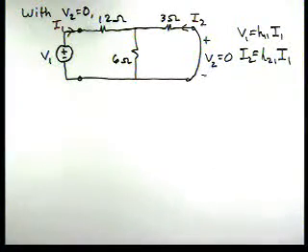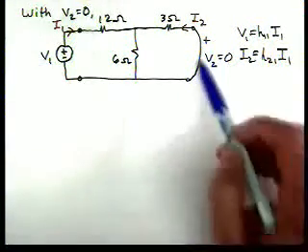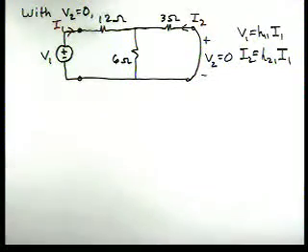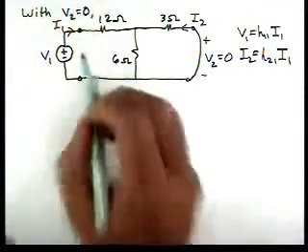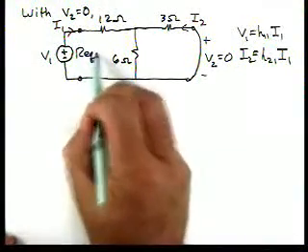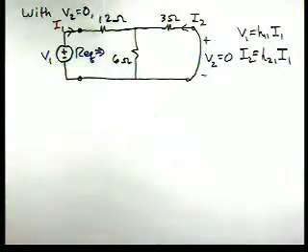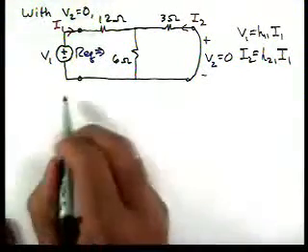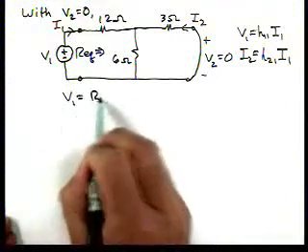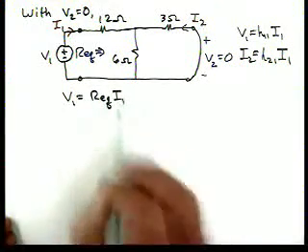So with V2 equal to 0, now that's a short circuit, and you can see we placed a short over on this side. Now let's go in and let's calculate an R equivalent here, because if we do that, V1 will be R equivalent times I1.